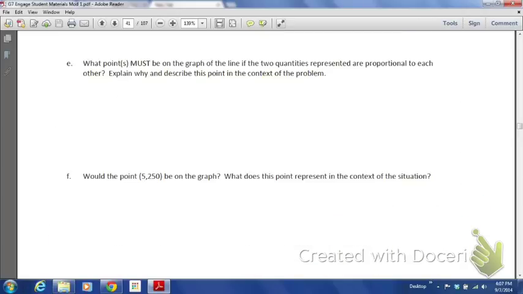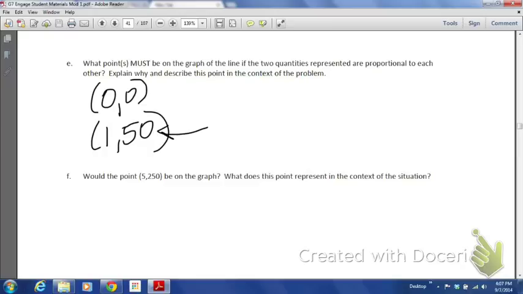Okay, actually the question asked that same thing I just answered: which points must be on the graph of the line if the two quantities represented are proportional to each other? Of course, we talked about 0, 0 as the origin, and then in this case 1, 50, which was the unit rate, where our X value is 1 and our Y value is 50. Okay, so it asks here, would the point 5, 250 be on the graph?